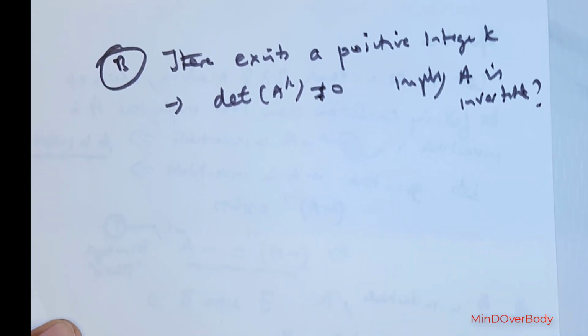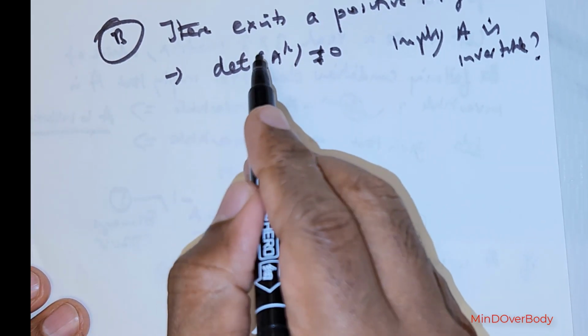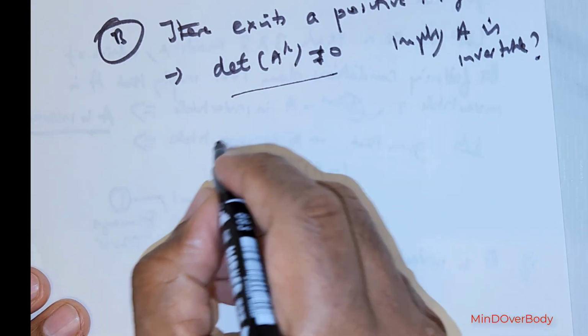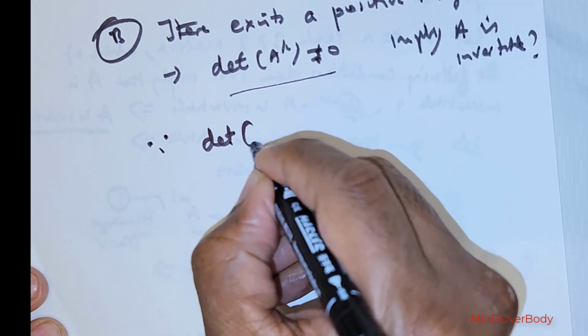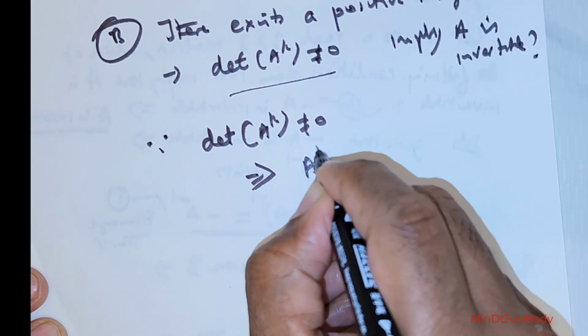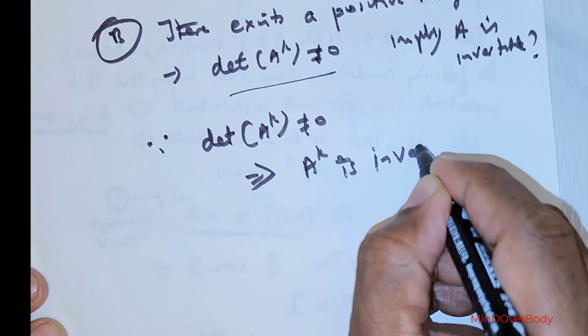Okay, so we need to check that. Now we are given that determinant of A raised to the power of k is not equal to 0. Since determinant of A raised to the power of k is not equal to 0, this means A raised to the power of k is invertible.